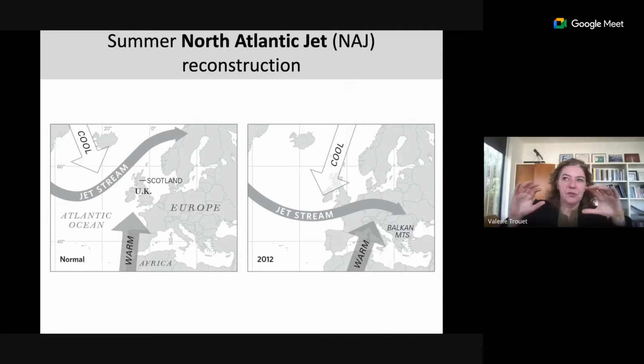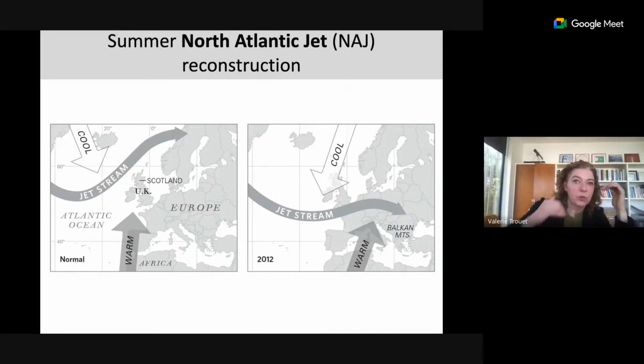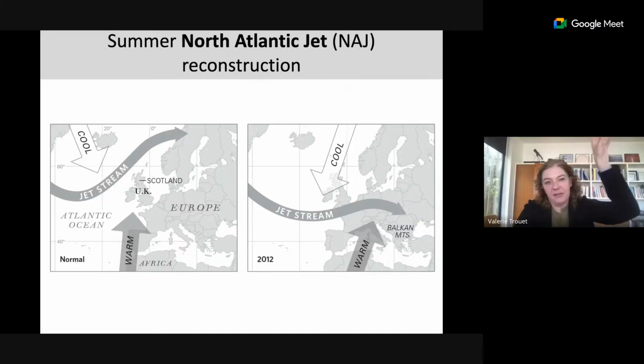And you can think of the position of the jet stream, so how far north or south the jet stream is, as the boundary between cold Arctic air and warm tropical air. And so when the jet stream is further north than normal, you get warm tropical air coming much further north than normal, and your cold Arctic air kind of being stuck, in this case, over Iceland.